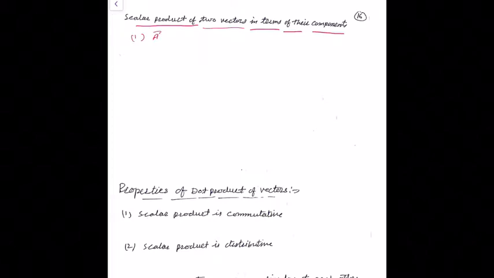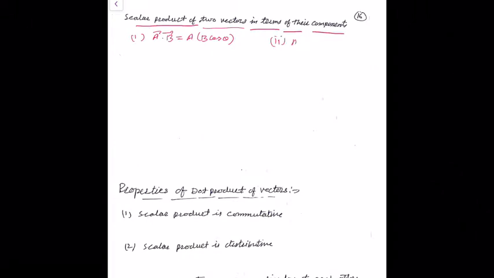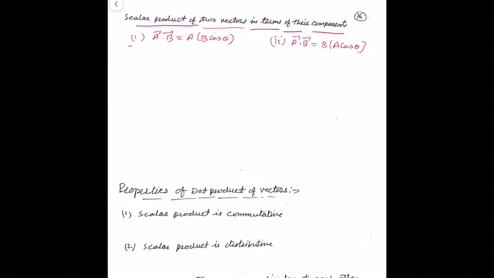First, A vector dot B vector is equal to AB cos theta. Second, A vector dot B vector is equal to BA cos theta. According to the first, B cos theta is the projection of vector B on vector A, the component in the direction of A vector.